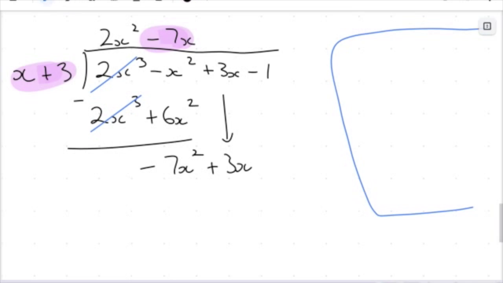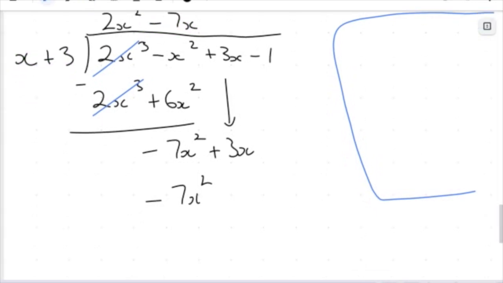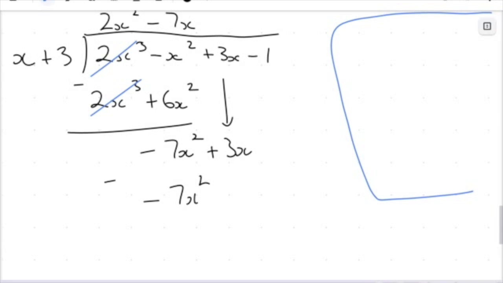And once again, we're expecting our first one to be negative 7x squared, which it is, because this has to cancel out with the guy up here. This is just a good way for us to check that what we're doing is working out. And we got a minus here. And negative 7x times positive 3 gives us negative 21x.